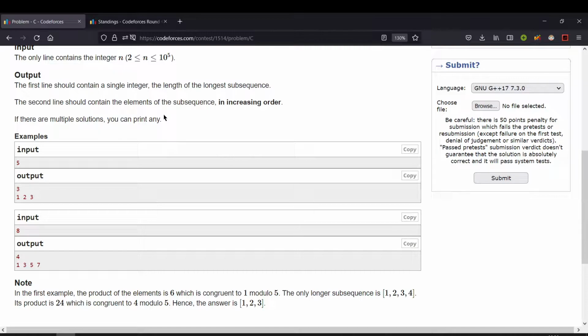It forms a pattern of n plus 1, 2n plus 1, 3n plus 1 and so on. So what can I do with this?